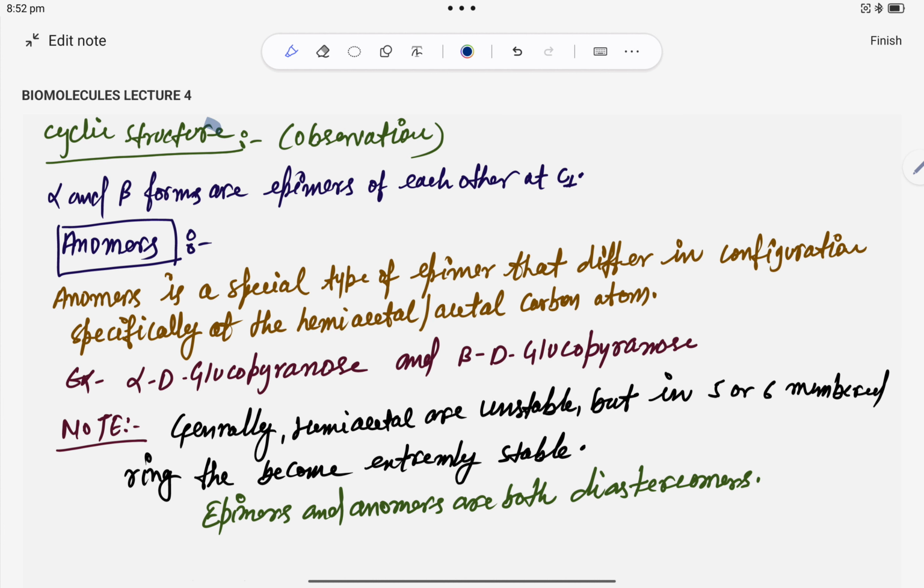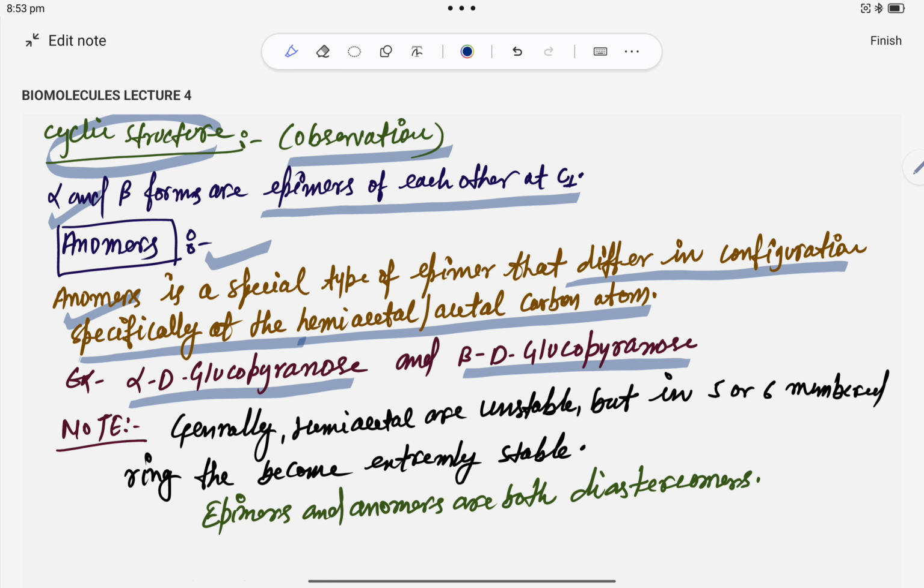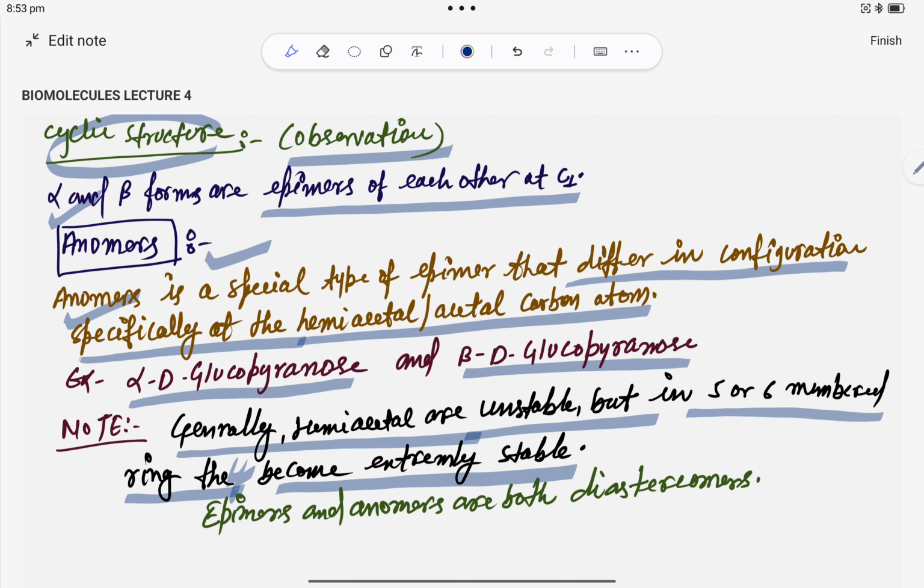Cyclic structure observation: alpha and beta are epimers of each other at carbon C1. Anomers are a special type of epimers that differ in configuration specifically at the hemiacetal or acetal carbon. Alpha-D-glucopyranose, beta-D-glucopyranose. Generally hemiacetals are unstable, but in a 5 or 6 membered ring they become extremely stable. Epimers and anomers are both diastereomers.